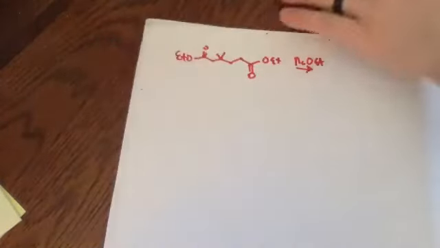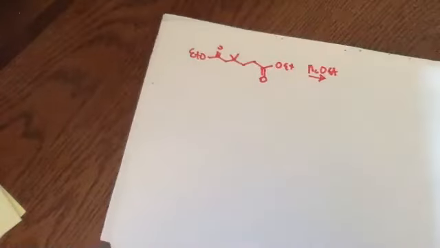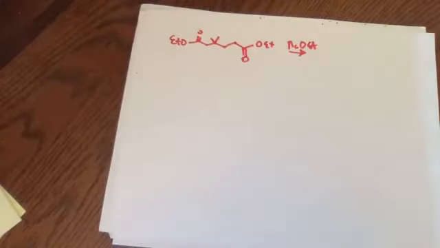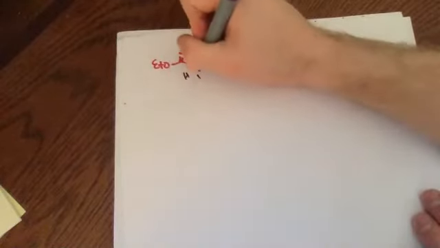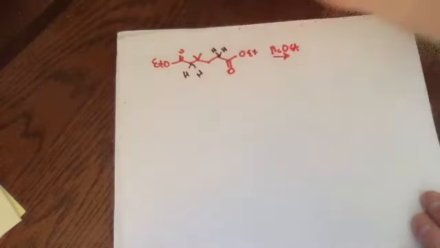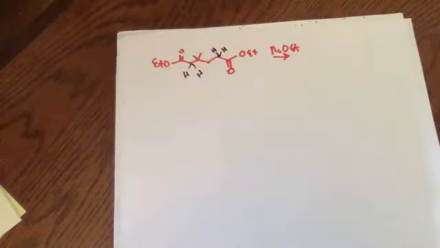All right, so there are two products to this, as I indicated. Let's talk about just the first one. If you can make the first one, the second one's going to be really easy to make. So this is not symmetrical. There are two different sets of protons here, which can be pulled off. Let's start with the ones on the left.